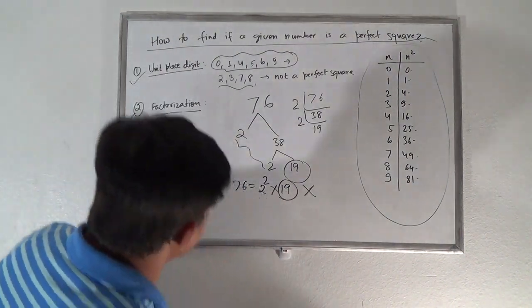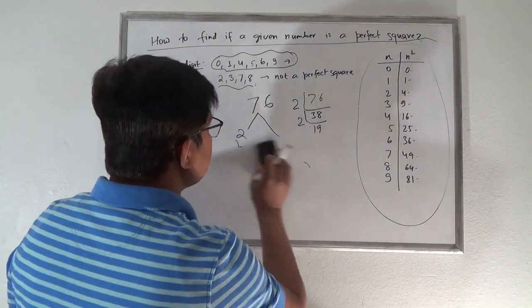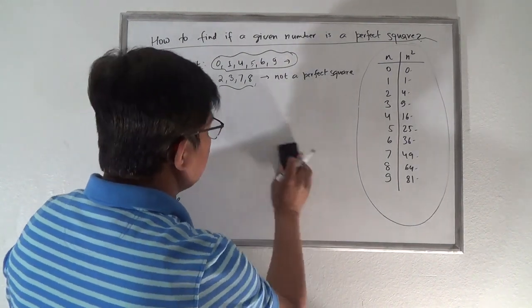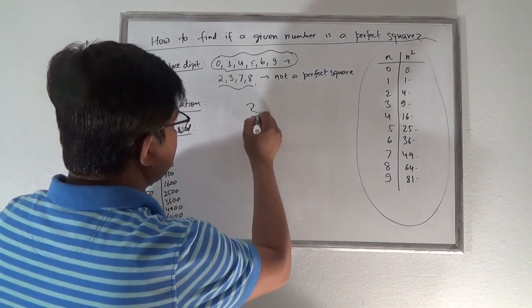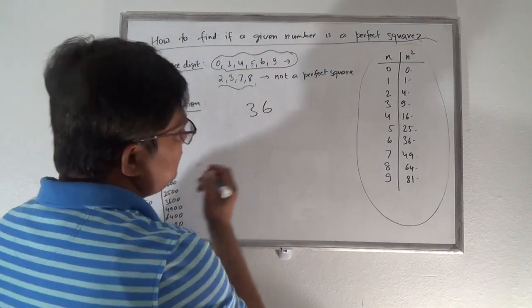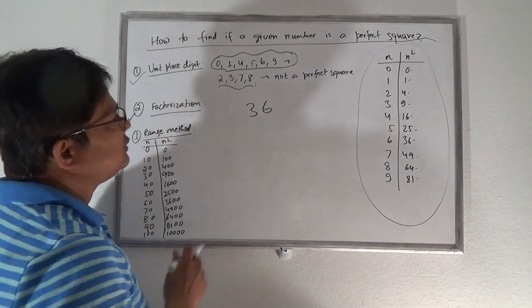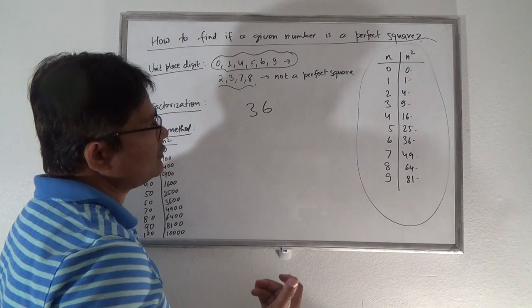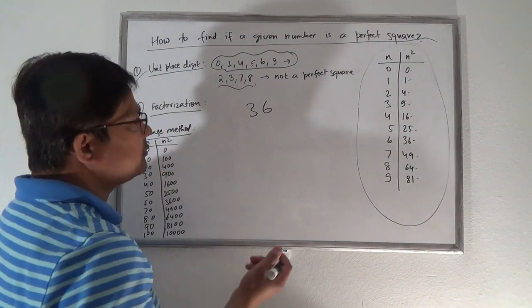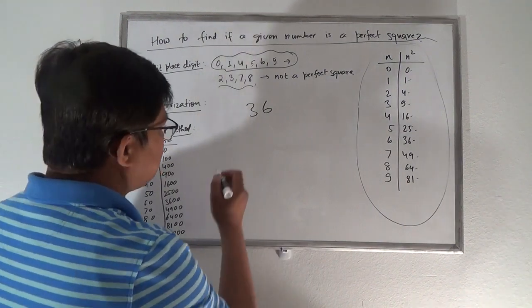Now let's take another example, 36. I'm taking easy examples first. Once we understand how to find out if a number is a perfect square or not, then we will take some bigger numbers.